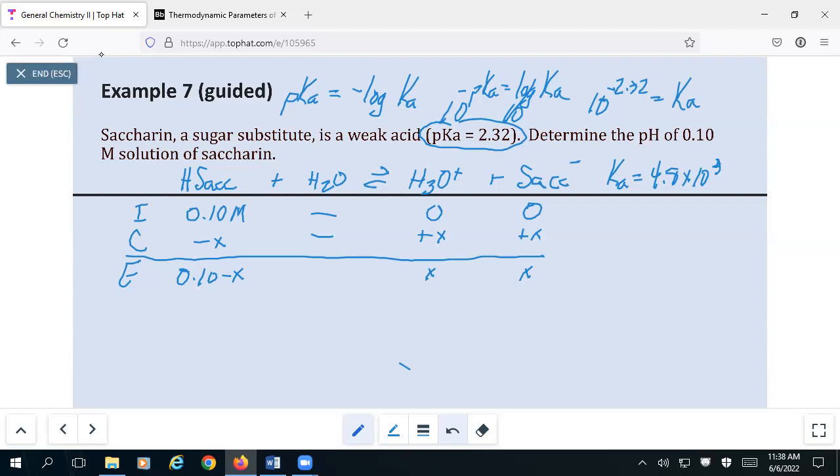Now what we have is something that a lot more closely resembles that typical ice table calculation that we saw in chapter 14. 4.8 times 10 to the negative third is equal to x times x over 0.10 minus x.